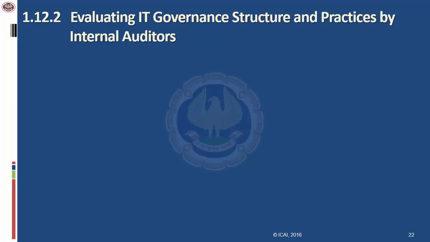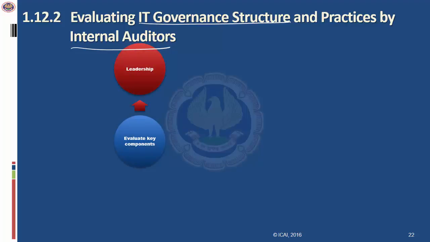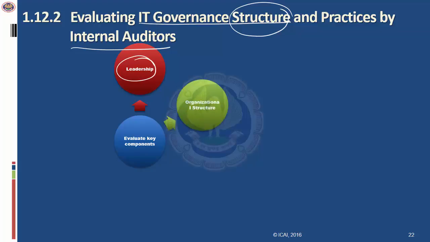So let's look at an example of how you evaluate IT governance structure and practices, especially from an internal audit perspective. If you remember, we're looking at whether the enterprise has implemented the right IT governance structure or mechanisms. So what are the key components when you look at IT governance structure? You'll look at what leadership mechanisms have been built inside the organization, and what the organization's information system structure is.